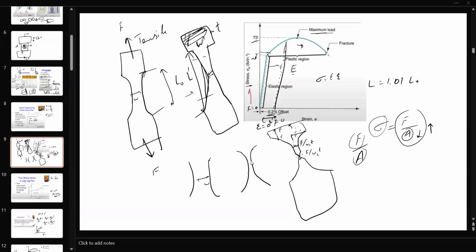That's because of the narrowing happening beyond this point. So yeah, your force is remaining constant. Since your area is decreasing, your strain is increasing after the maximum load.